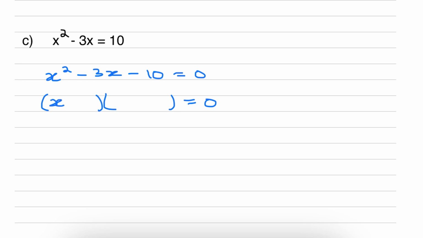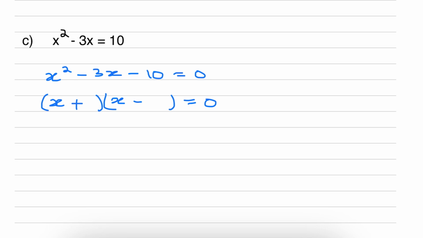Alright, so we'll have x's in the first position of each bracket, and then we know that our signs will be different because the constant is negative. So that means when you multiply these two outer terms, this one with that one, we should end up with a negative expression. Okay, because positive times a negative is a negative. So that's how I know the signs must be different.